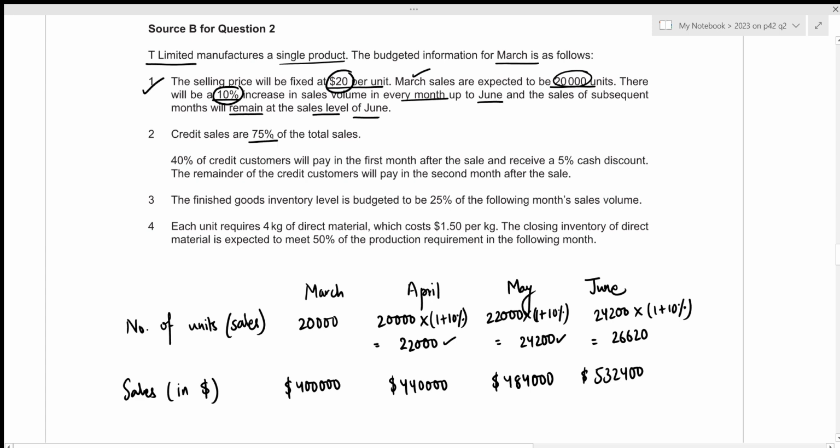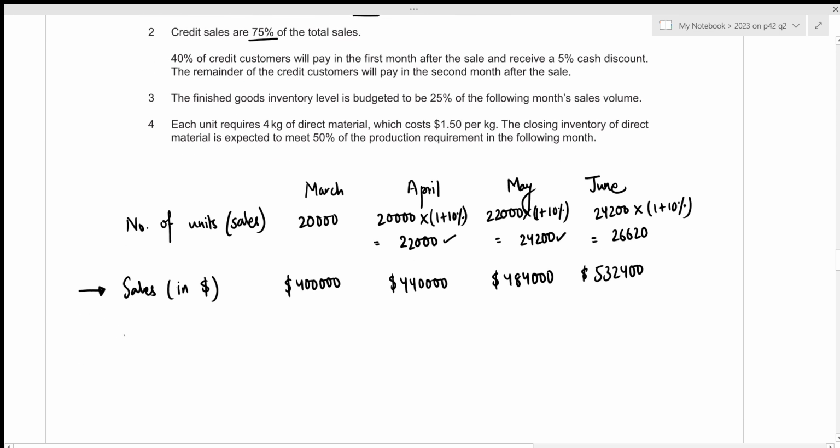Then credit sales are 75% of the total sales. Since we've already figured out the value for total sales, we can easily figure out our credit sales as well. So the credit sales is just going to be sales in dollars for every month multiplied by 75%. So for the month of March, that is just going to be 400,000 times 75%, which results in 300,000.